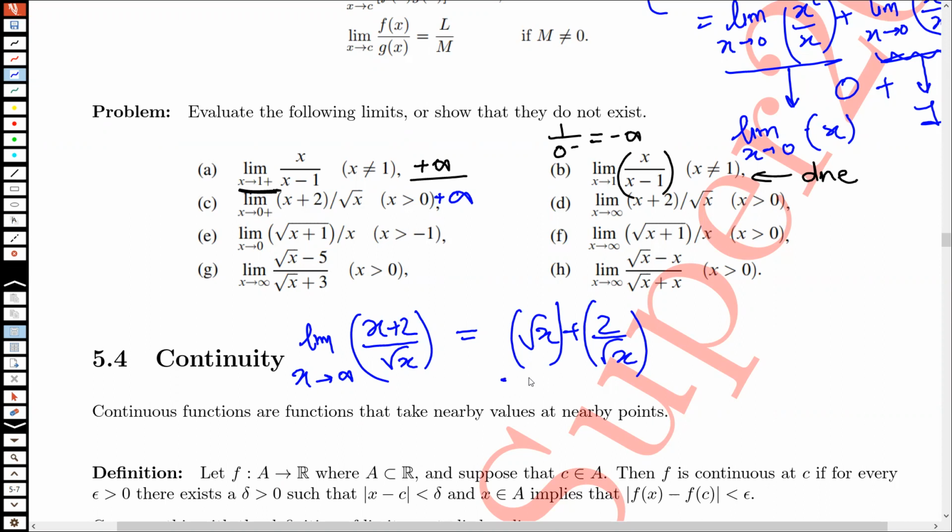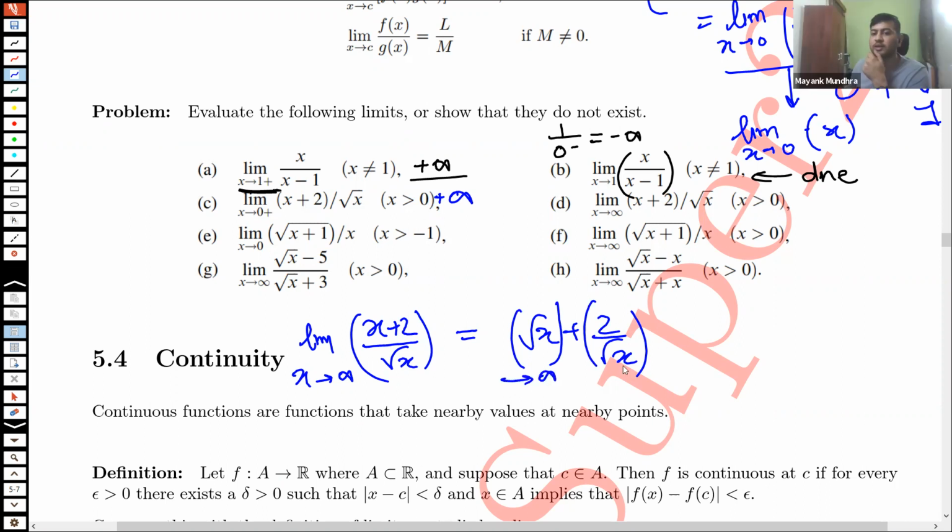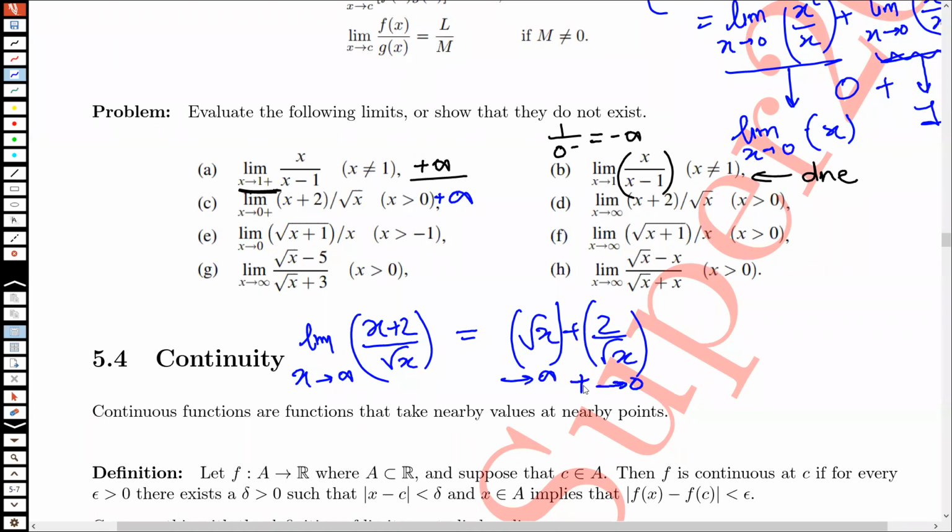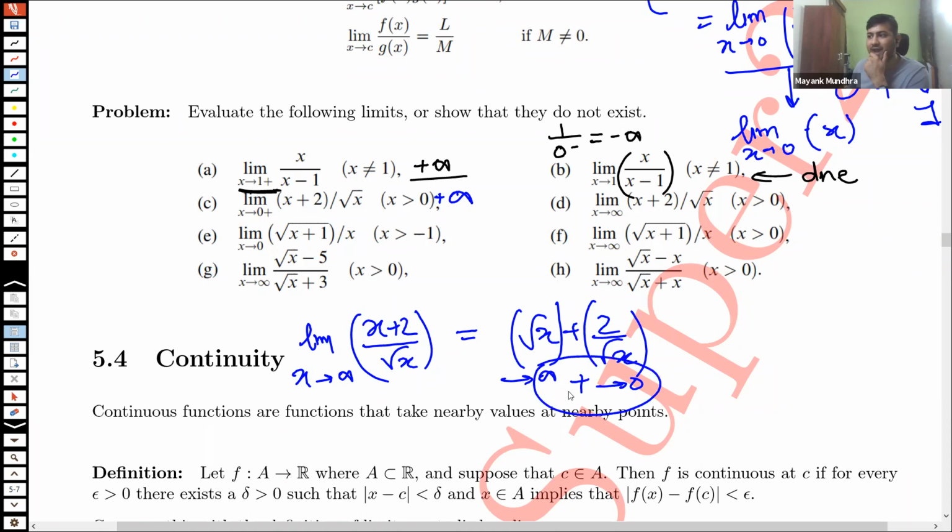It tends to infinity. And what happens to 2 by root x as x goes to infinity? It goes to 0. And what is infinity plus 0? So it's infinity. Okay, so that's the answer to this one.